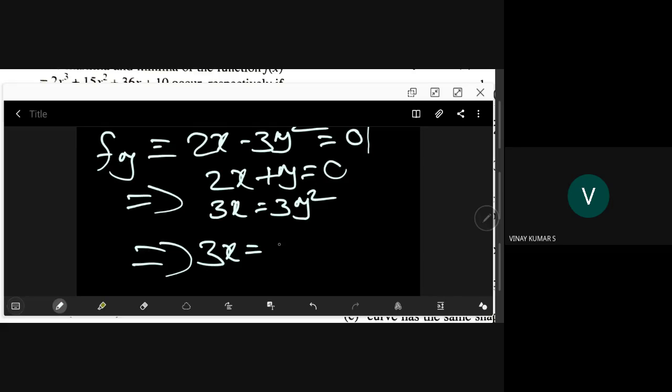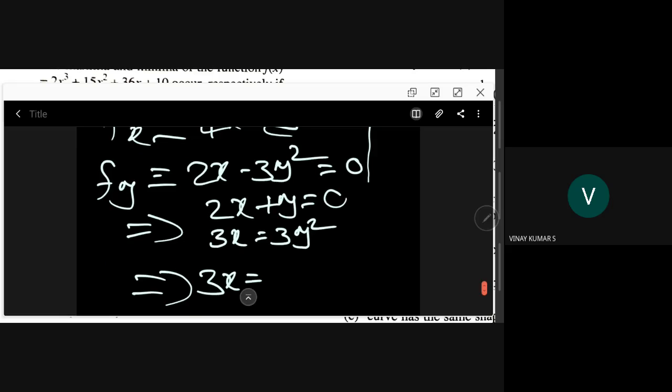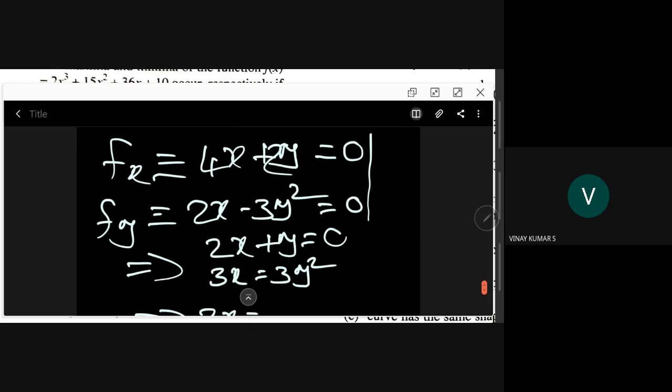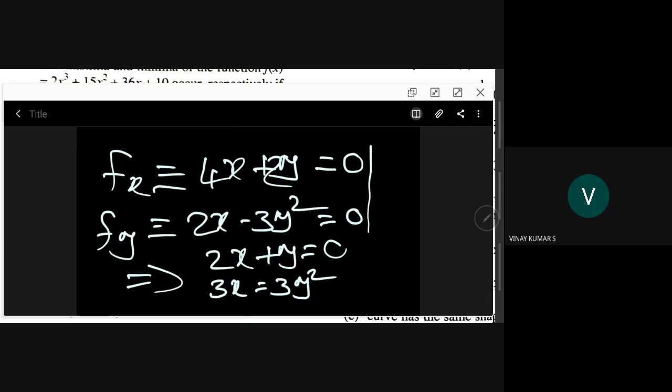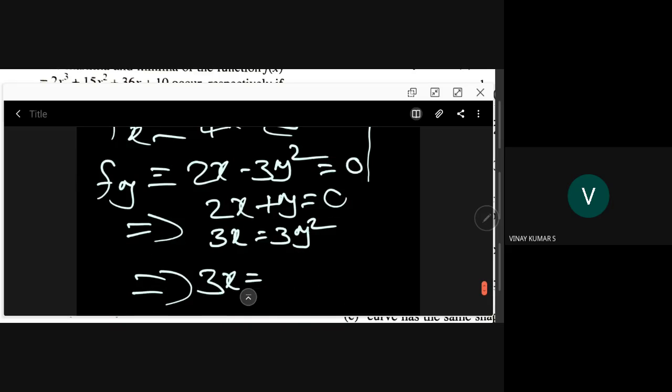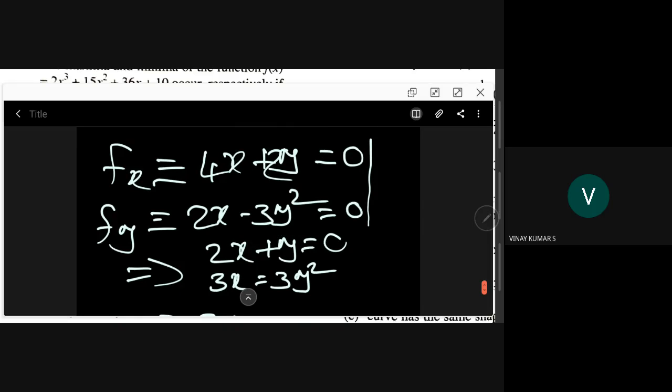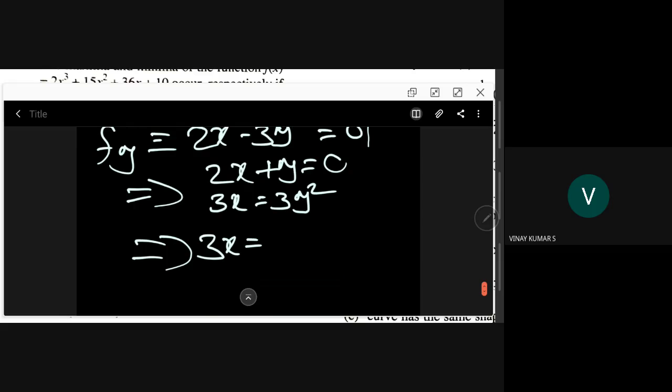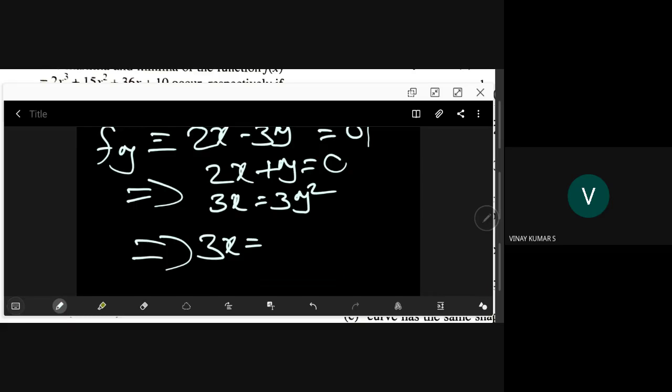Can you check that again? Yes, 2x is equal to 3y square.